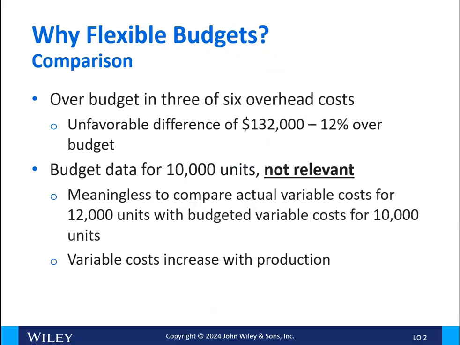So we're over budget in 3 of 6 overhead categories, 12% over budget, but our budget data for 10,000 units is not relevant. It's meaningless to compare actual variable costs for 12,000 units with budgeted variable costs for 10,000. Again, variable costs increase with production increases. So if you're comparing a static budget, it's not very useful.